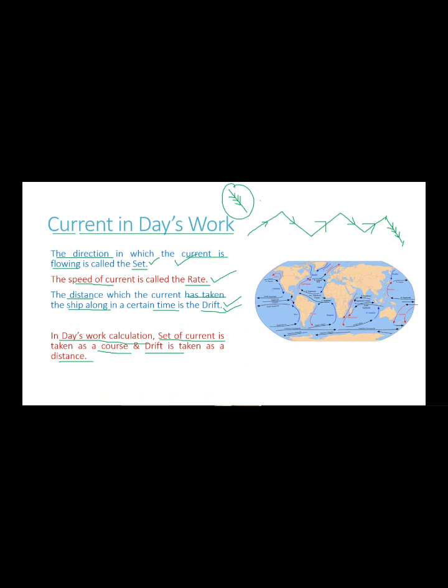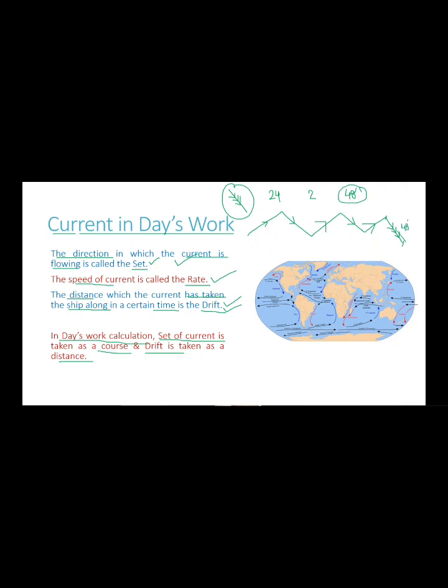If the current is applicable for 24 hours and the rate of the current is 2 knots, the drift will be 48 miles. So we will take the length of this vector as 48 miles.